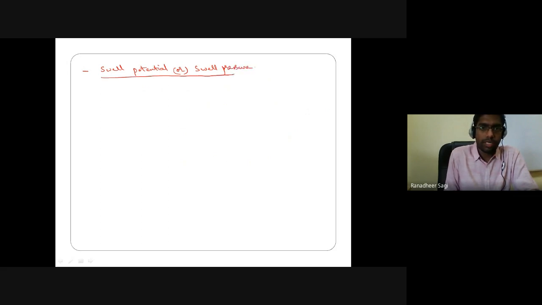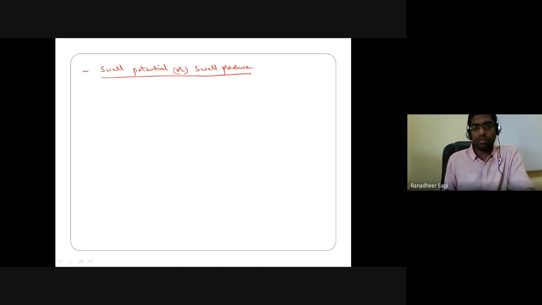As I told you earlier, because of the swelling nature of the soil, there is a pressure exerted by that soil at the bottom of any structure, it could be a foundation, a pavement, or a flooring. So what is the pressure exerted by that swelling soil at the bottom of your foundation or pavement surface? That pressure is what we call swell pressure or swell potential.